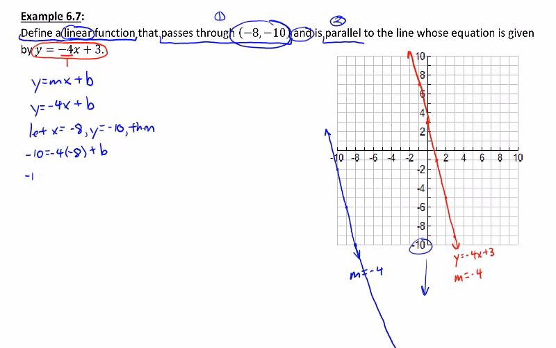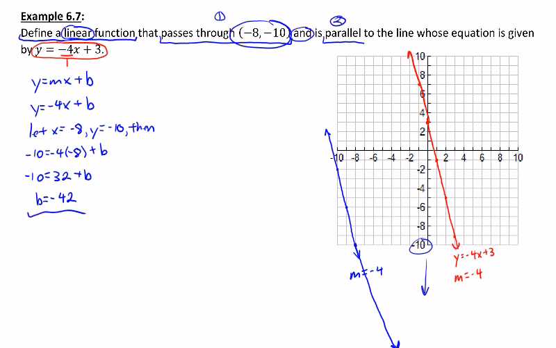This would imply that -10 is equal to +32 plus b, and then there's only one value of b that will make this statement true, and that is b must be equal to -42. So that tells me the exact location of where I'm going to be crossing the y-axis. Now that seems consistent with the picture that I have drawn. It's certainly taking us way off the graph here, and somewhere below -10, -42 seems very reasonable.